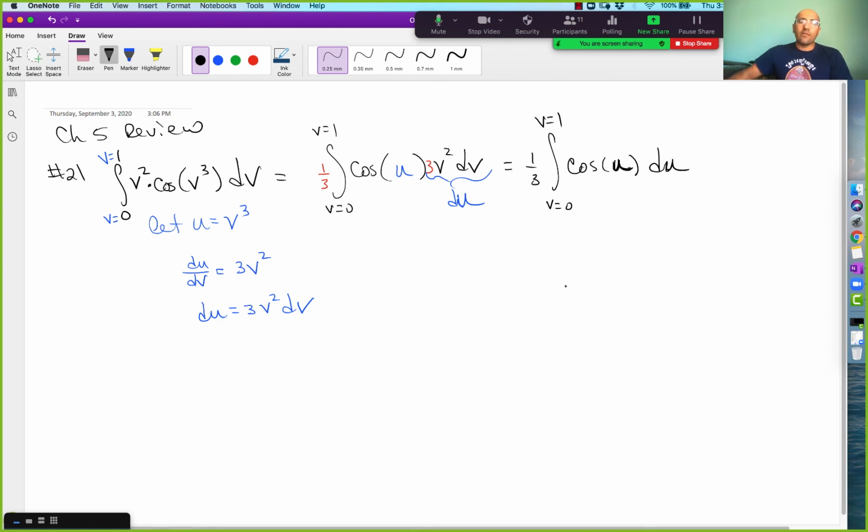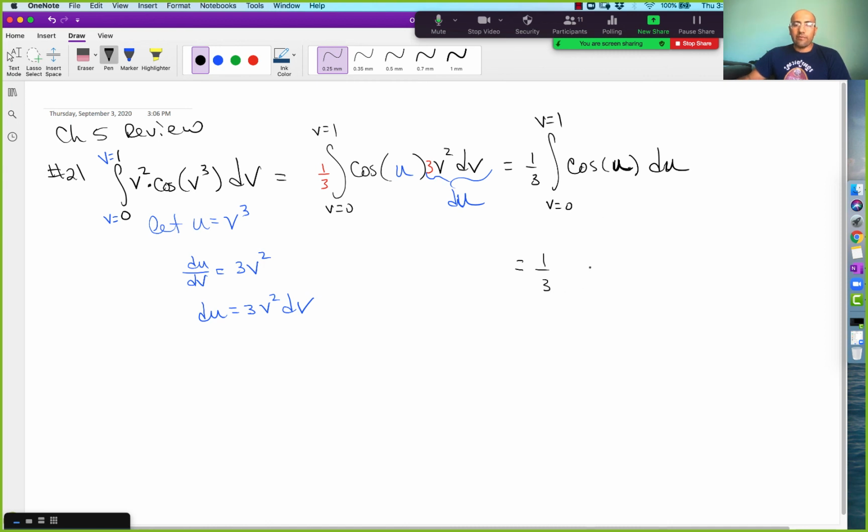Okay, so now the other way we could do this is to continue to work with this, but keep in mind that the limits are in v. So something whose derivative is cosine of u, the antiderivative is just going to be sine of u. Right, so one thing we could do is just say, well, let's continue with this. This will be 1/3.